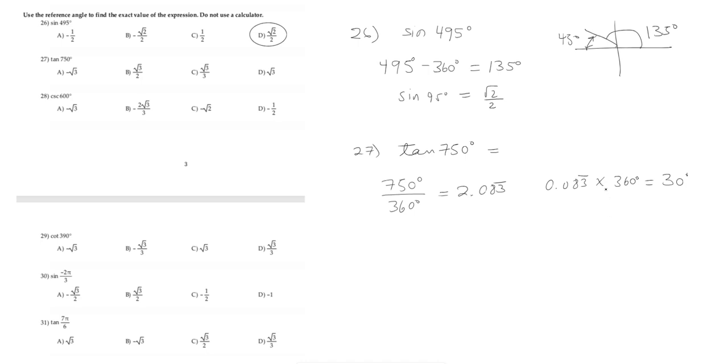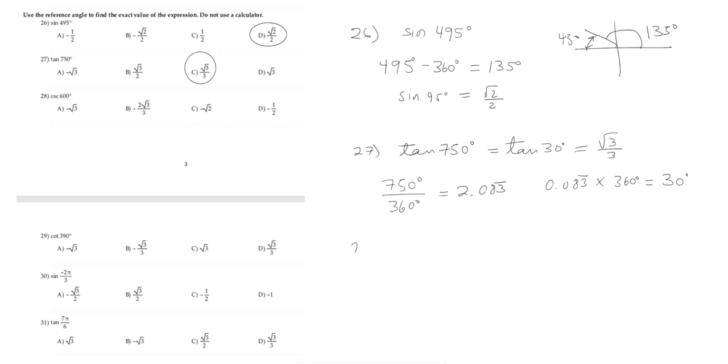And then I can infer that tangent 750 is equal to tangent 30 degrees, because 30 and 750 are coterminal. And the answer is root 3 over 3. You can see in the table, the blue table probably, yeah. Root 3 over 3 is C.